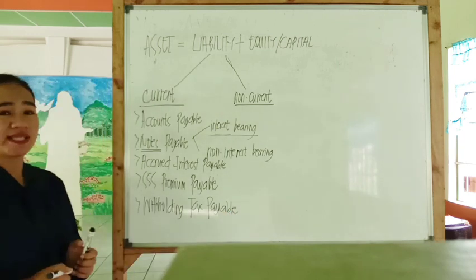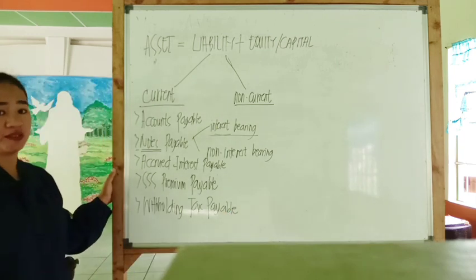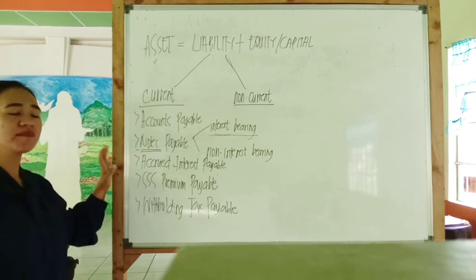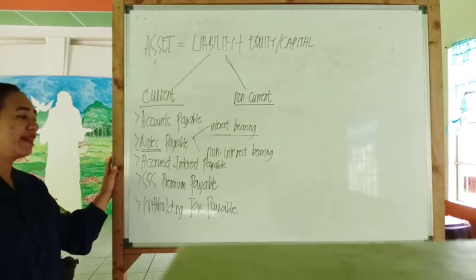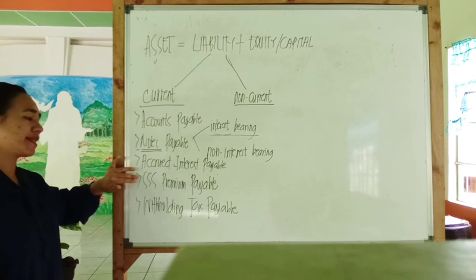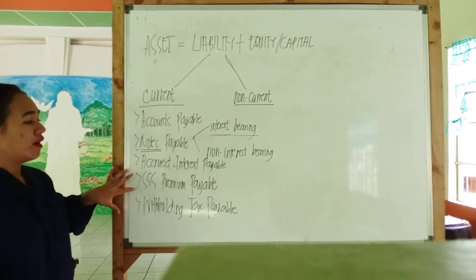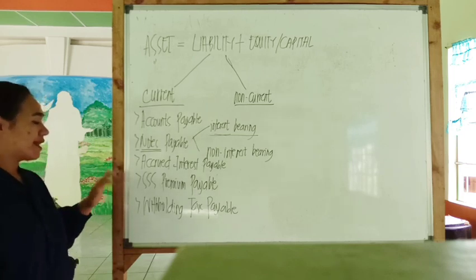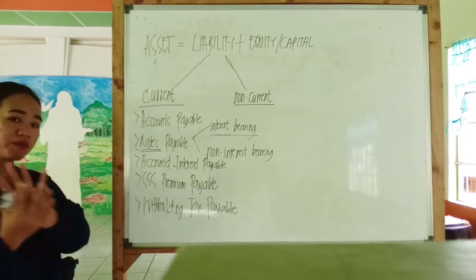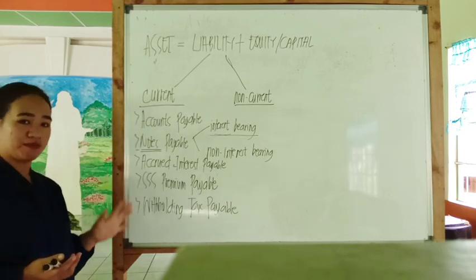So if we are a business, we have our own employees, of course. Part of their salaries is mapupunta sa SSS tsaka mapupunta sa tax. And then, sa SSS and then sa tax, may share yung employer, may share yung employee.